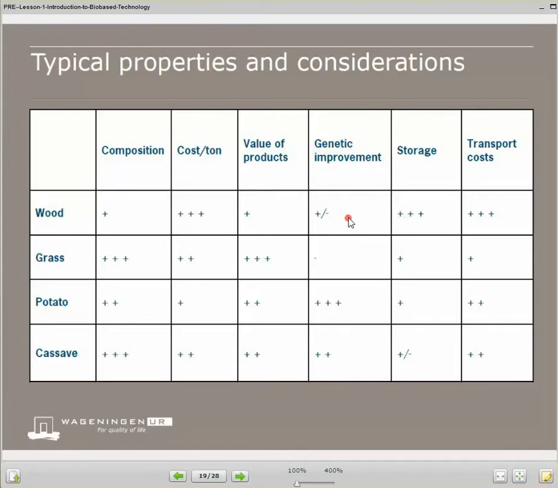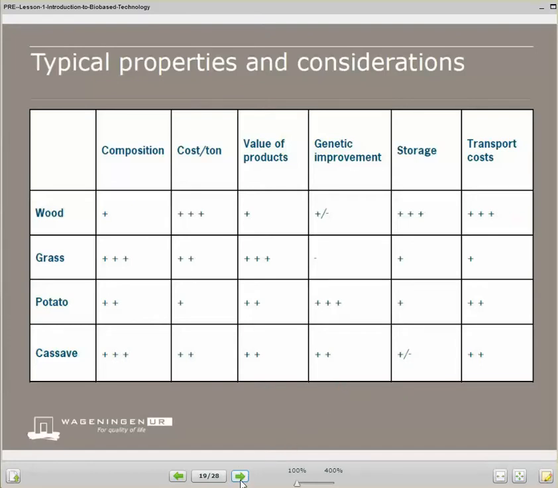It's pretty difficult to improve wood. It's possible, of course, some wood grows extremely fast. Pine trees, for example, grow quite fast. But to improve them is difficult, and research takes a very long time. Storage is excellent, and the transport costs are also excellent. So that's just for wood. I will let you think about the rest.